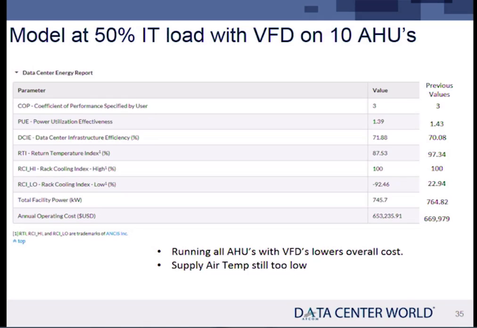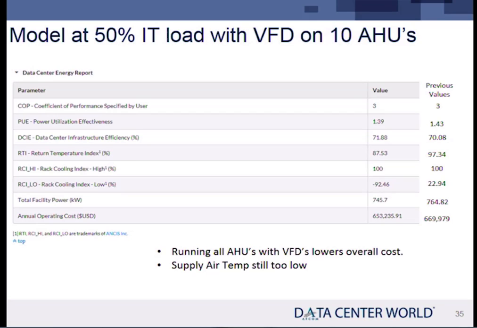So running all of the air handlers, that's the question we had, running all 10 AHUs, air handler units, actually lowered the cost of operating this data center as compared to 6. And that's just because of the fan law. Running 10 units at low speed costs less than running 6 units at a higher speed.